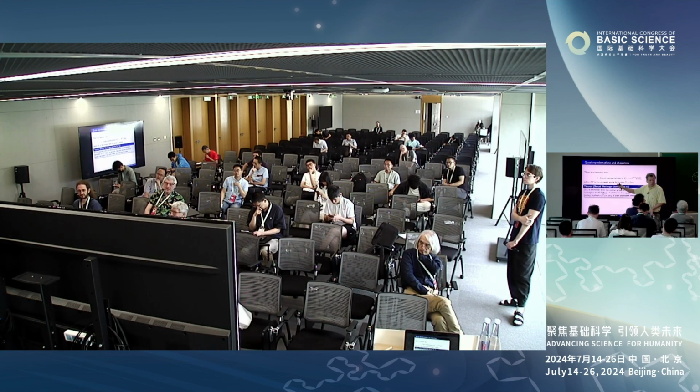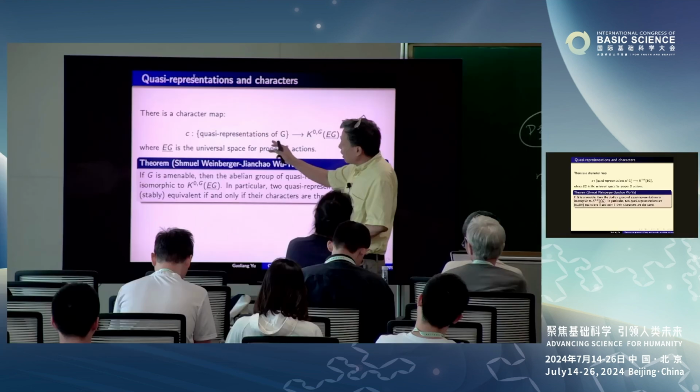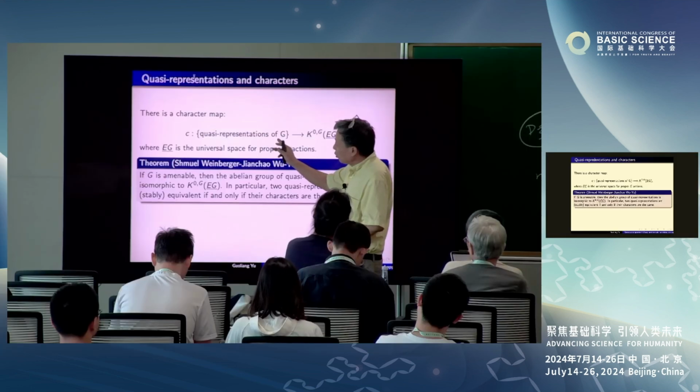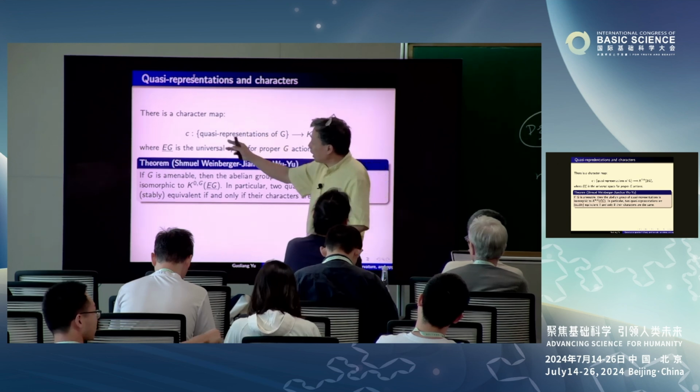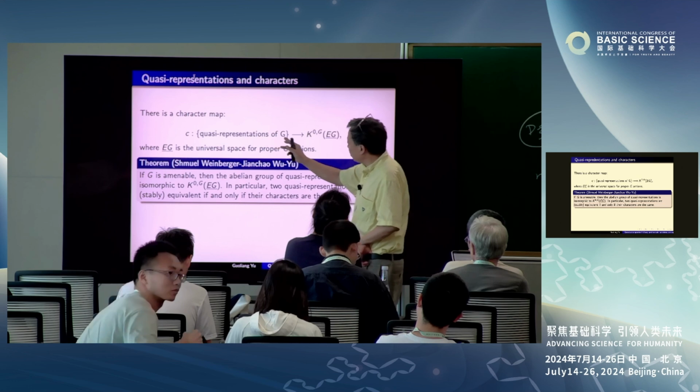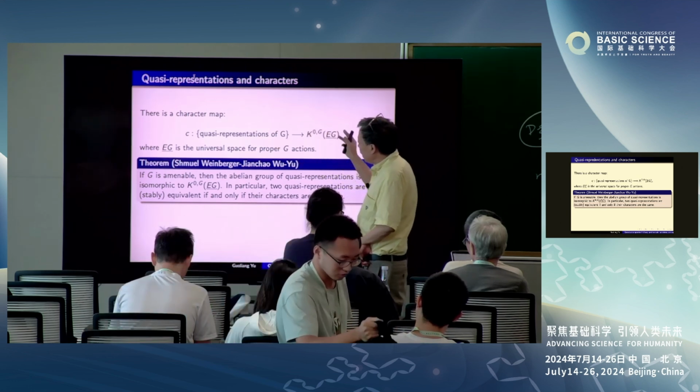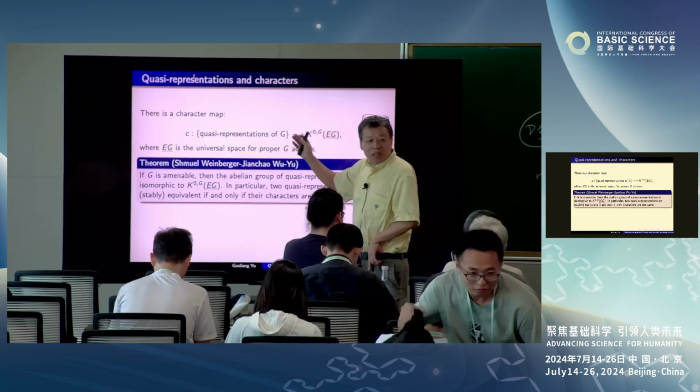On the first glance, you might wonder whether there are any interesting quasi-representations of a group. But you see, here it's very rich, so often there are lots of elements.